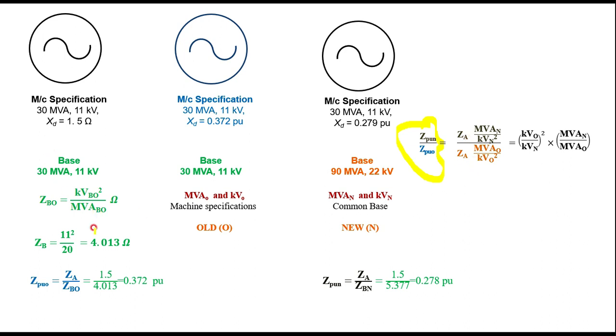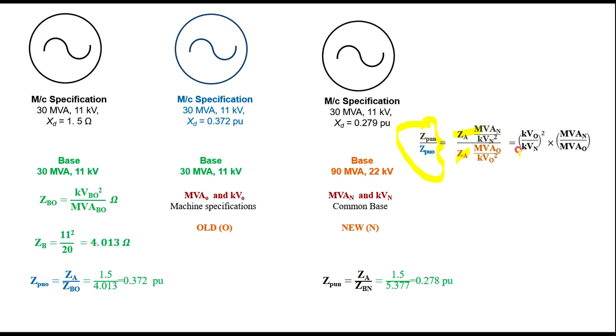Just I am substituting. If it is in the denominator and it is changing its value, that is MVAn will come in the numerator, kVn square will come in the denominator, ZA on both sides, whereas it is MVAo divided by kVo square. Here ZA gets cancelled.